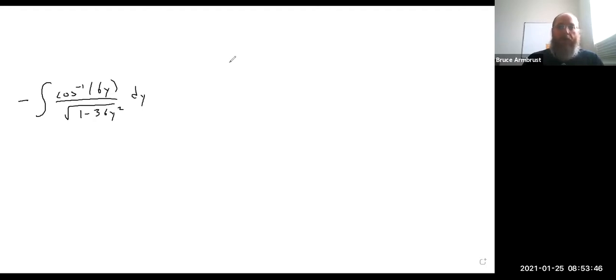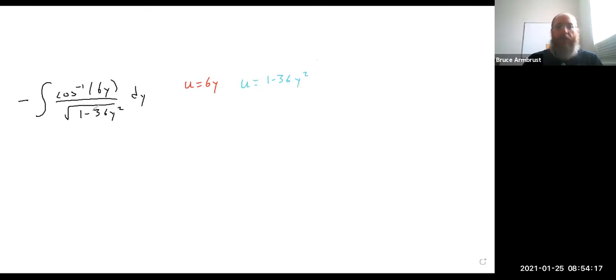Okay, so let's just think about some different possibilities for our u substitution. One would be to let u equal 6y, right? That's kind of an obvious choice because then this makes it cosine inverse of u, which is something that we could use and deal with. So that would be one choice. Another choice would maybe be, what if we let u equal 1 minus 36y squared?